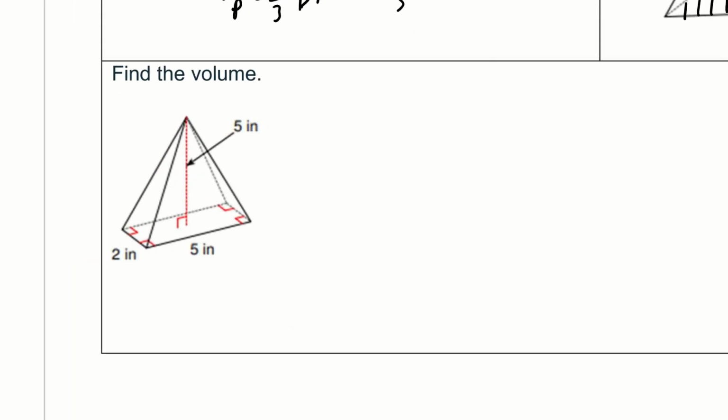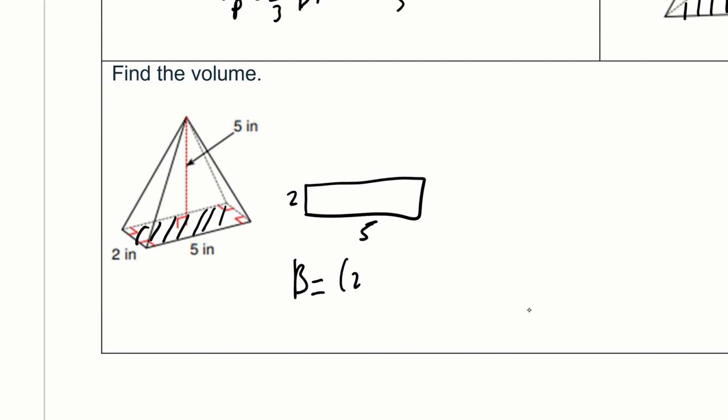Now let's look at the third one. So the base is a rectangle. So we're going to find the base area from that. So remember the capital B, the area of the base of a rectangle, is base times height. So little b, little h. So it's 5 times 2, which is 10.